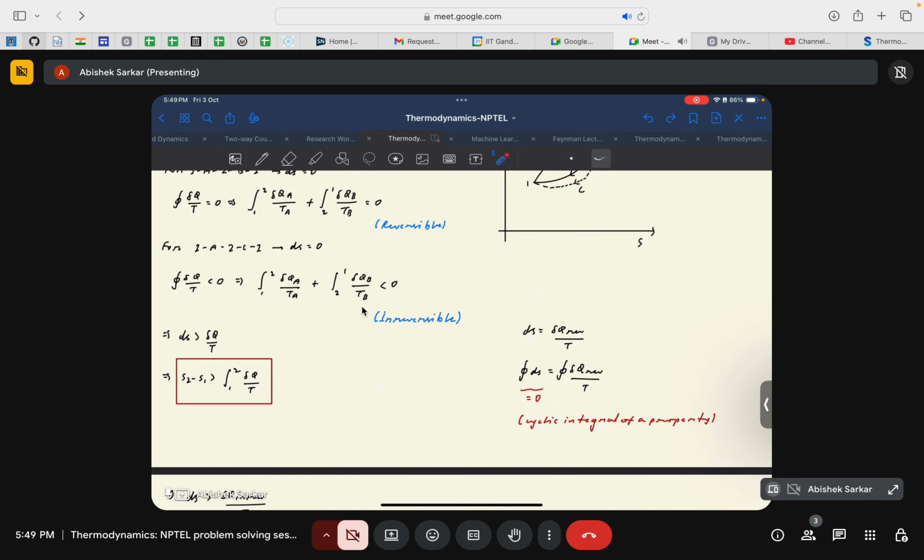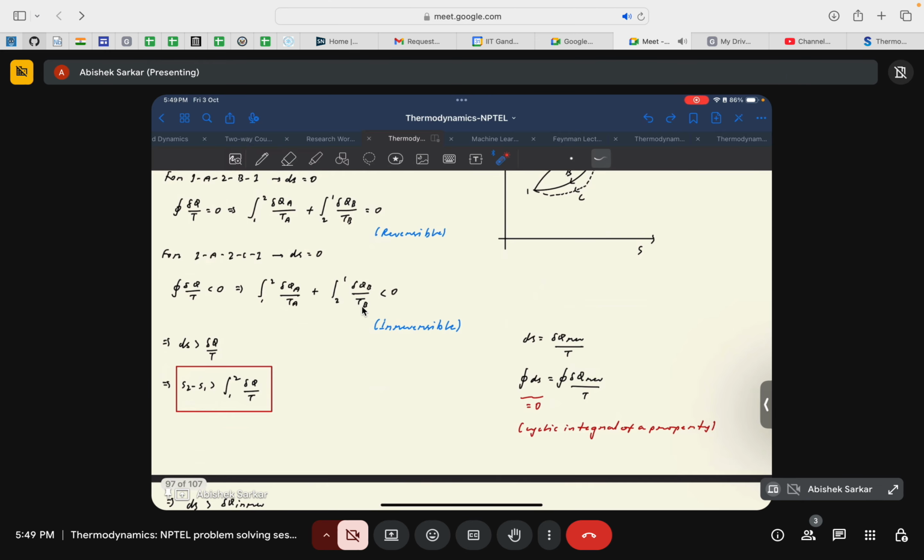So this part and this discussion is very important. Once I share the notes, or if you get the PowerPoint presentation by Professor Anand, I would suggest that you try to thoroughly understand this part, like why here I say it is equal to 0 but here it is less than 0. It's primarily because this entropy and this cyclic del q by T are not equivalent.